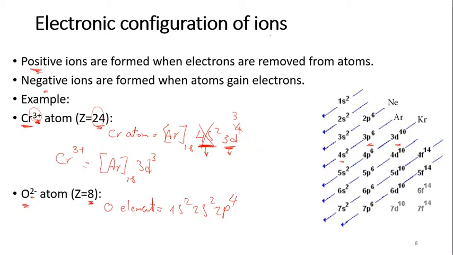But I have gained another 2 electrons. This means I have to add another 2 electrons to this shell, and in that case it will be filled with 6. So the electronic configuration for oxygen ion will be equal to 1s2, 2s2, 2p6.